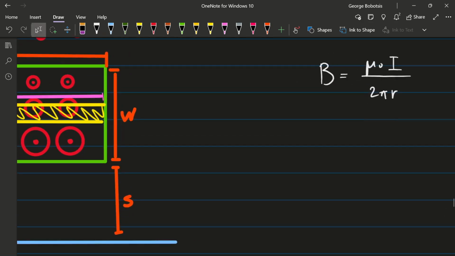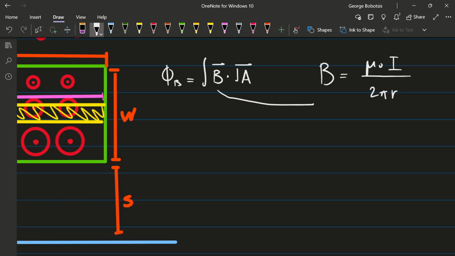Just like in Gauss's law, where you had the electric field dotted with dA, for the magnetic field it will be B dotted with dA to calculate the magnetic flux. And the magnetic field that we're interacting with here is the magnetic field of the infinite wire. If they say long wire, they mean infinite. You can take it to be approximately infinite.